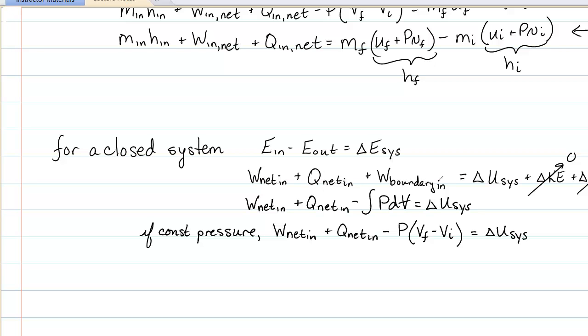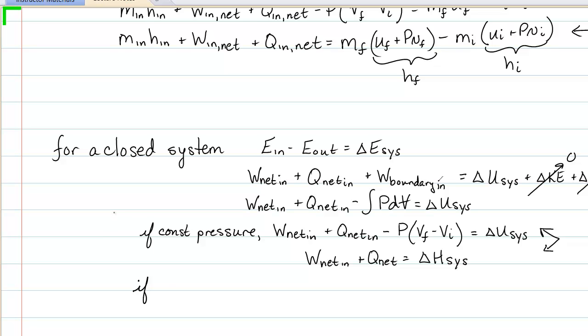And these pressure and volume terms can then be moved over to the right-hand side and look like an enthalpy term. So we have net work in plus net heat in equals the change in enthalpy of a system. So we also use enthalpy in closed systems when they're a constant pressure system. Either of these two versions of the equation are correct.